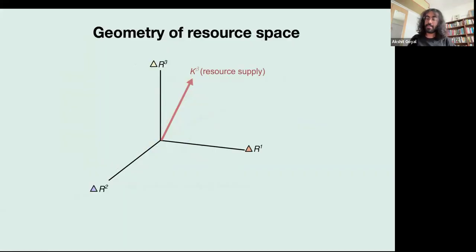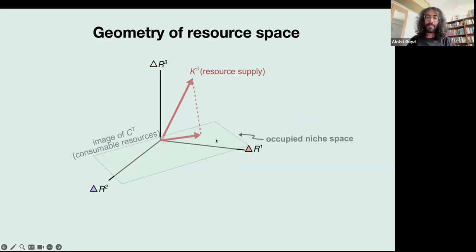You can do the same thing for resources. You can take, for instance, in resource supply space, what your resource supply is, and decompose this in two nice ways. There's an occupied net space, which is all the resources that species could ever eat.